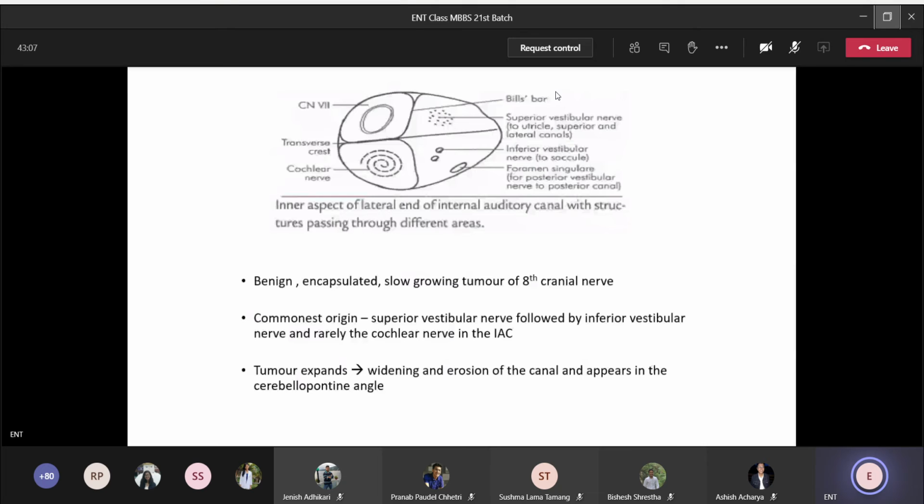This is important: you should know it arises commonly from the superior vestibular nerve, followed by the inferior. As the tumor grows, even though slowly, it expands and widens as well as erodes the canal, and appears in the cerebellopontine angle.